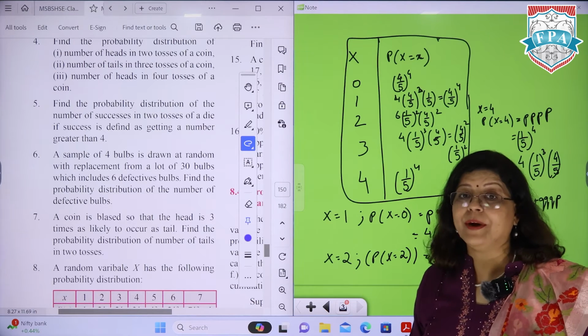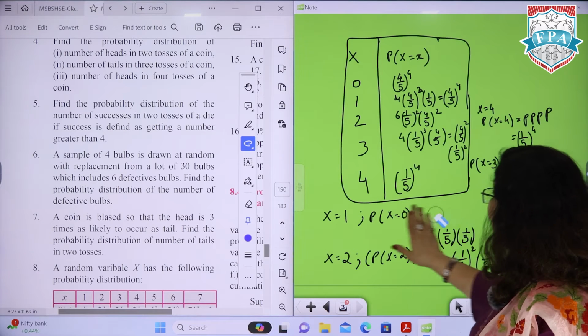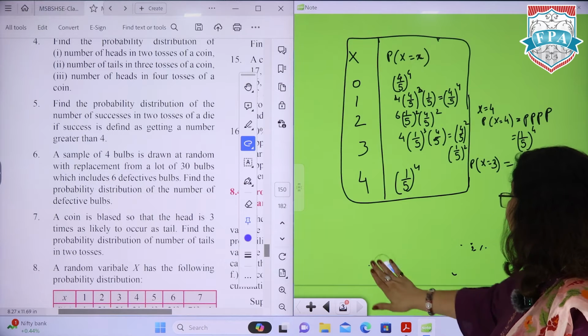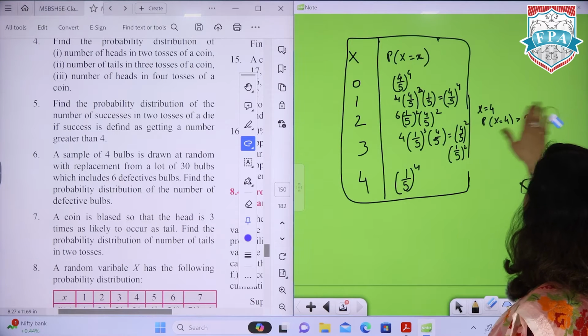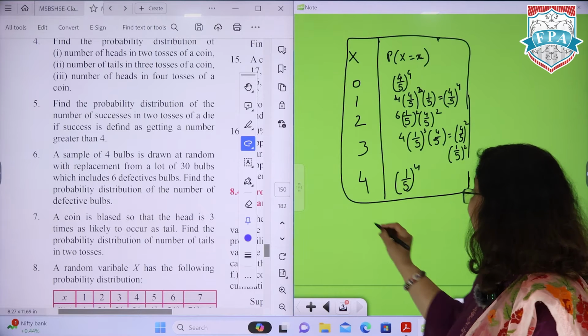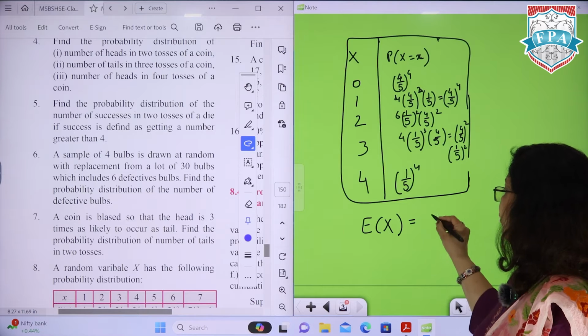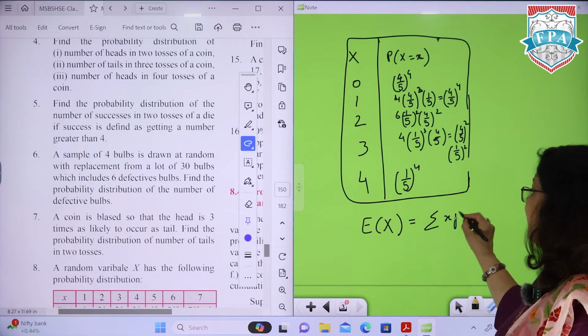Now from the probability distribution, to find out the value of E(X), which is your mean or expected value, we use a direct formula, which is equal to sigma x p(x).